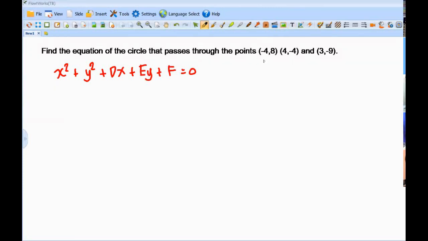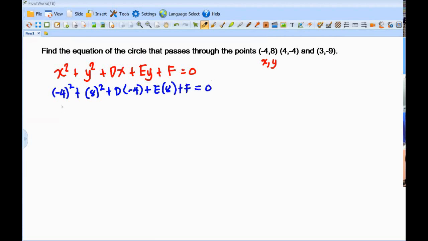The first point is our x and y. So we have x squared, which is -4 squared, plus y squared, which is 8 squared, plus d times x, which is -4, plus e times y, which is 8, plus f is equal to 0.